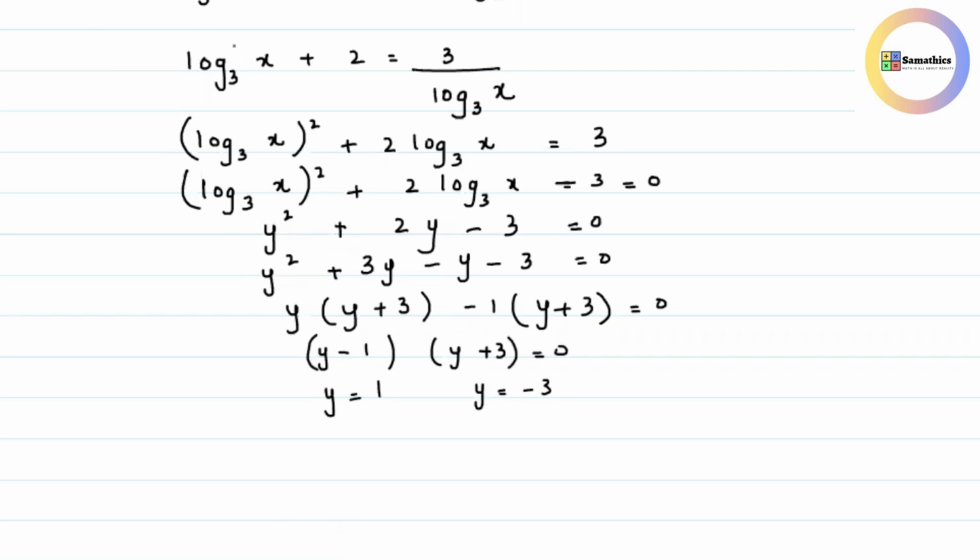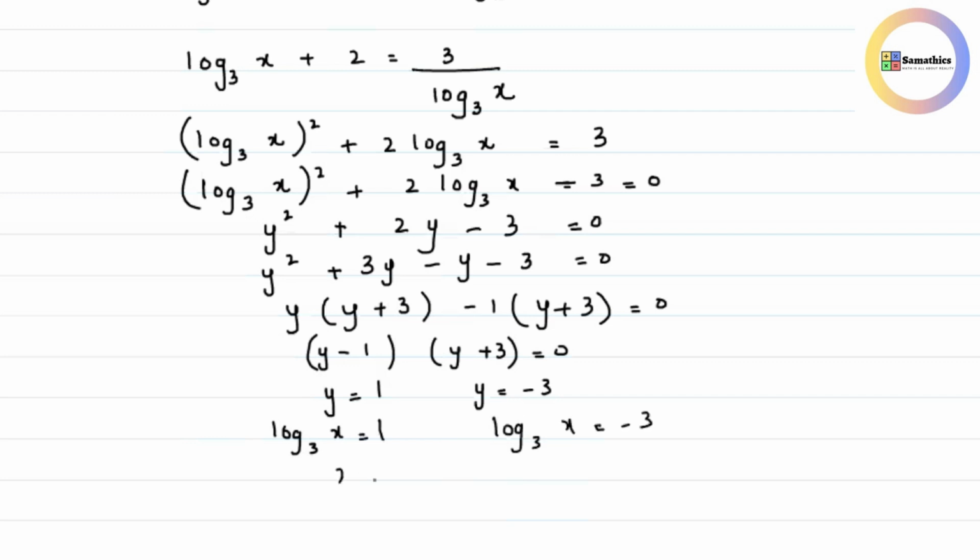Okay, now if you see, if we substitute 1 here, it's fine, but if we substitute minus 3 here, then this cannot be negative and the base also cannot be negative. After this you will write log 3 x, because y was replaced by log 3 x, so it is equal to 1, and here log 3 x is equal to minus 3.